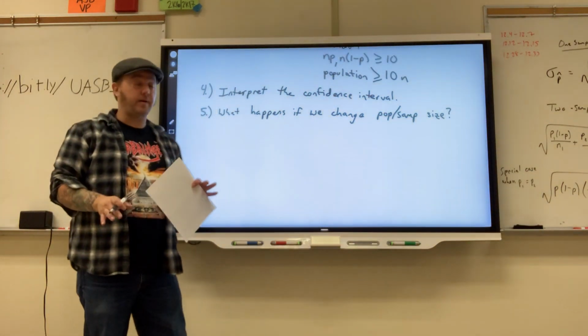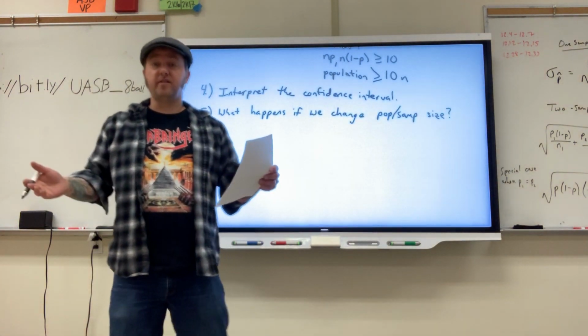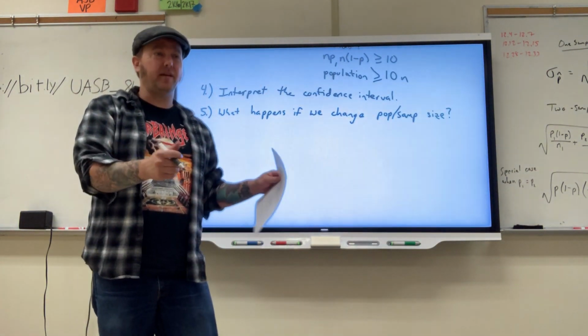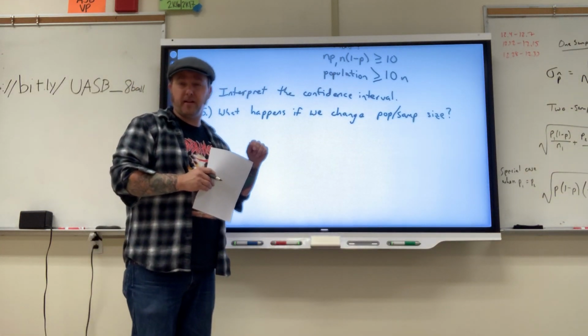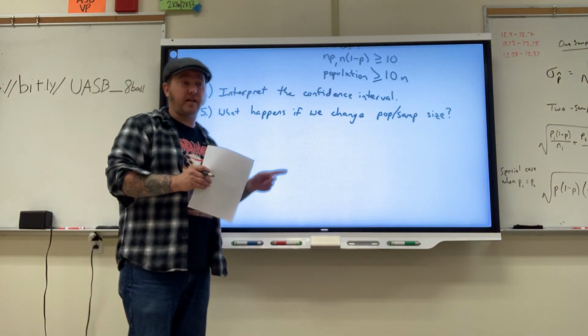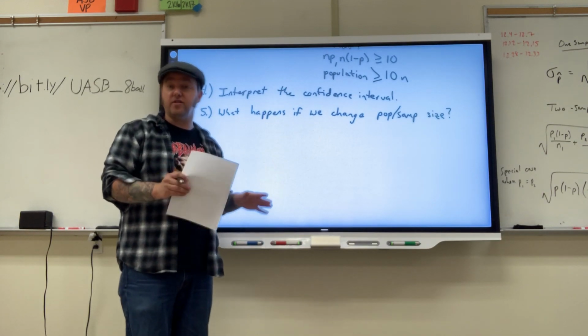What happens if we change the population or the sample size? Well, let's think about it. What happens if we change the population size as long as the population is more than 10 times the sample size? The standard deviation does not change.